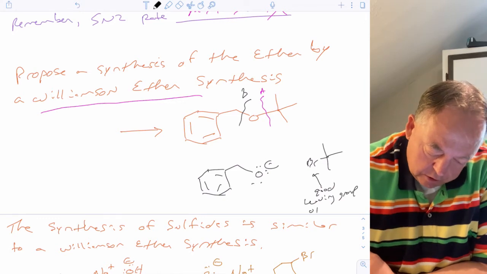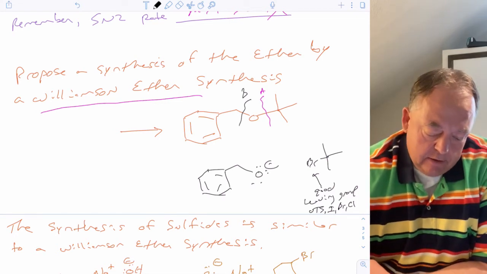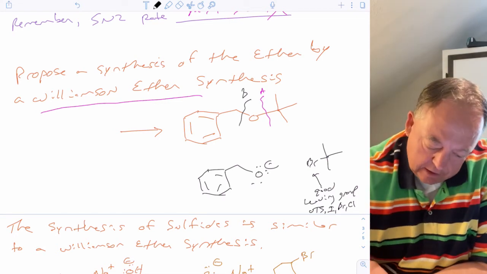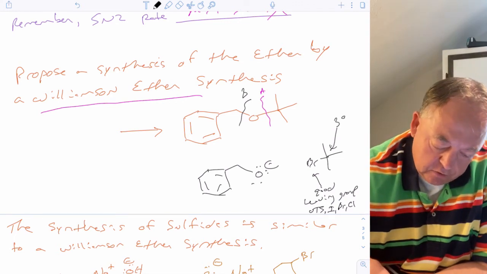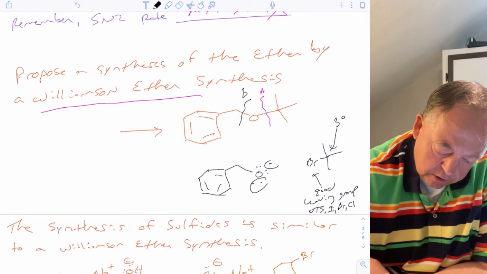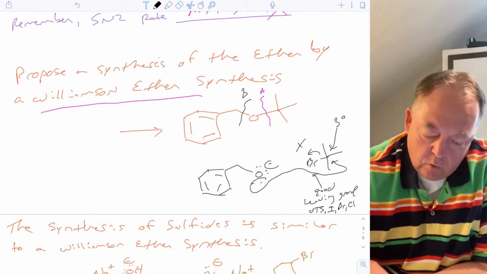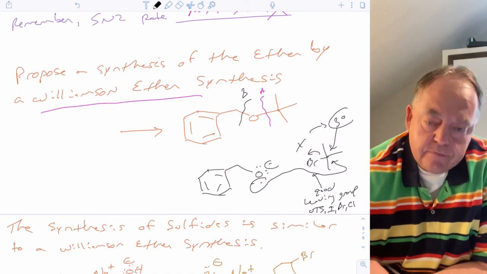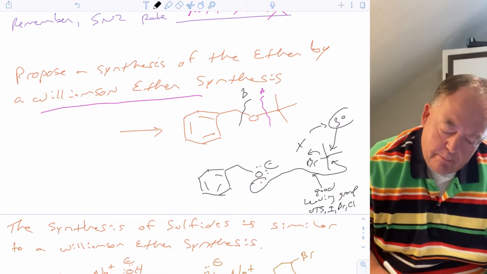All right, so it could be OTs, iodide, bromide, chloride. But this is not going to work, right? Why is this not going to work? Because that is tertiary, and so this can't do an SN2. This would need to attack that carbon and kick this off, and that's not going to work because it's tertiary. So you can't undo bond A. You have to undo bond B instead.